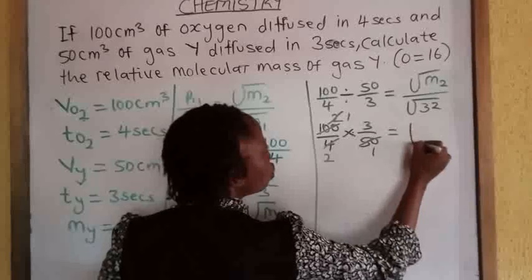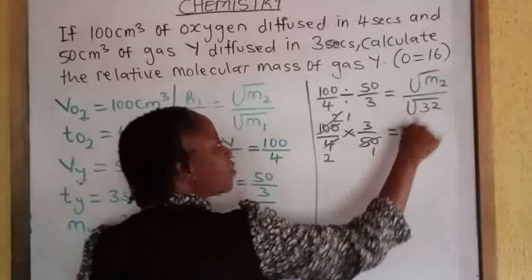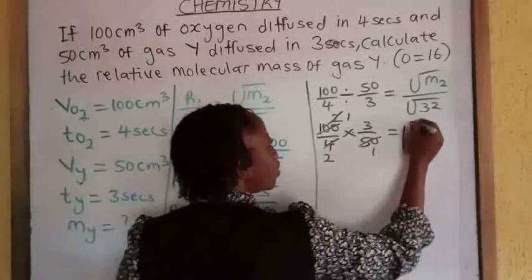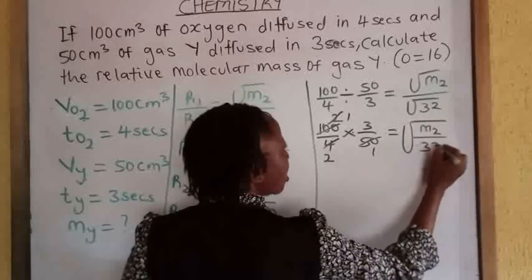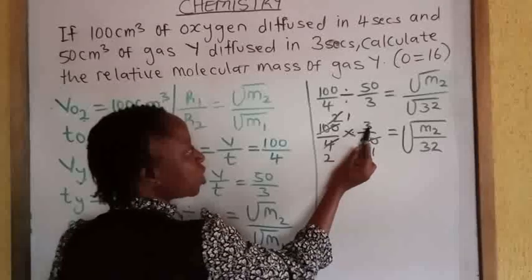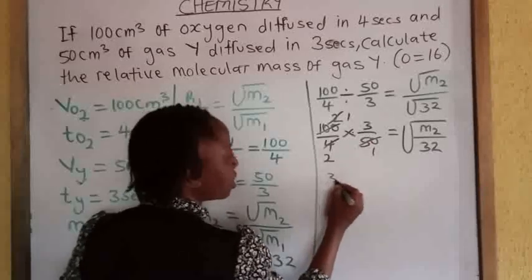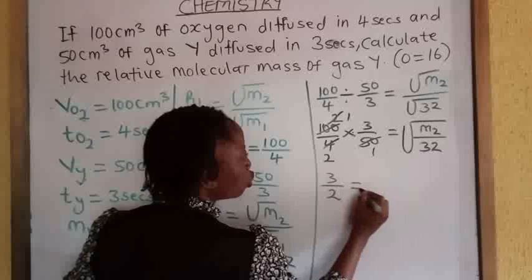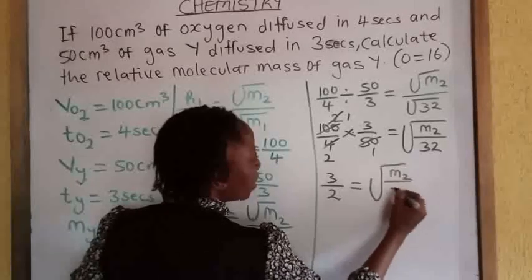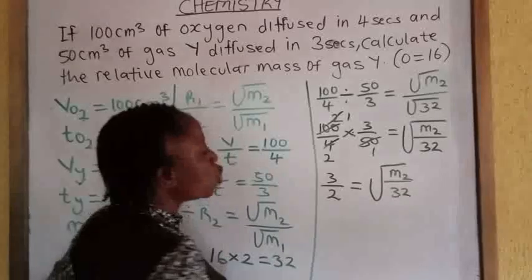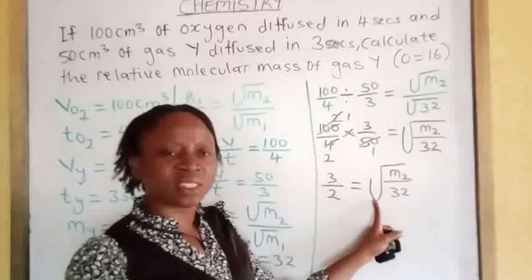So this is equal to the square root of, we can bring everything inside the square root, the square root of M2 over 32. So we are left with 3 divided by 2 at this side: 3 over 2 equals the square root of M2 divided by 32. So we have to look for a way to eliminate this square root.